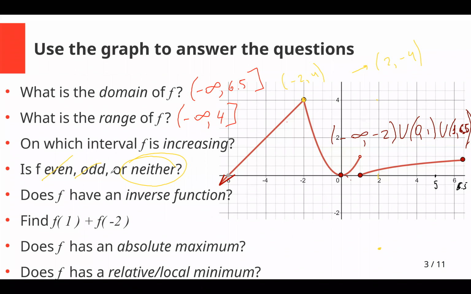Okay, excellent. Now for the inverse function, we will do the horizontal line. So I'll do this line and I'll see these two intersections and I'll say it does not have an inverse, right? So the horizontal line test is the following. If you find one horizontal line that intersects the graph in more than one point, then it does not have an inverse, right?